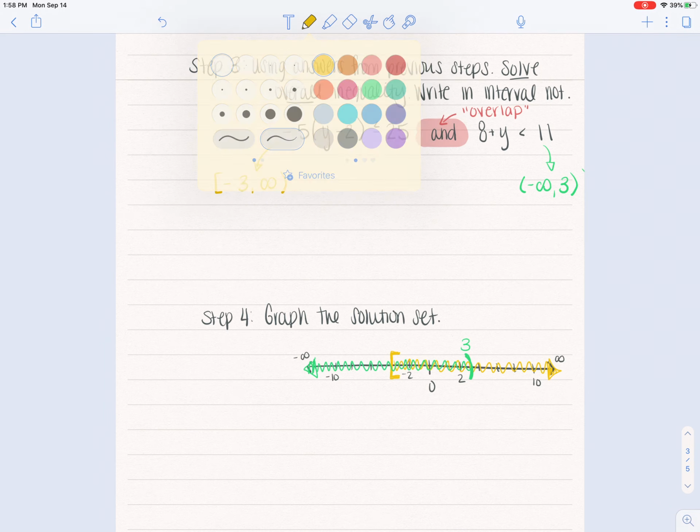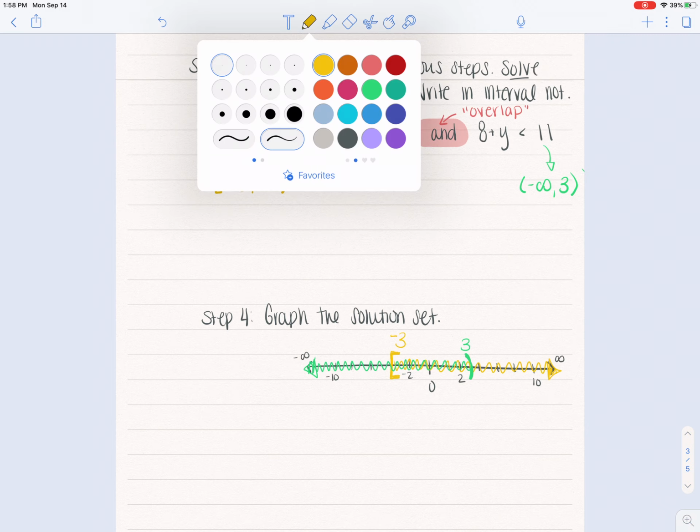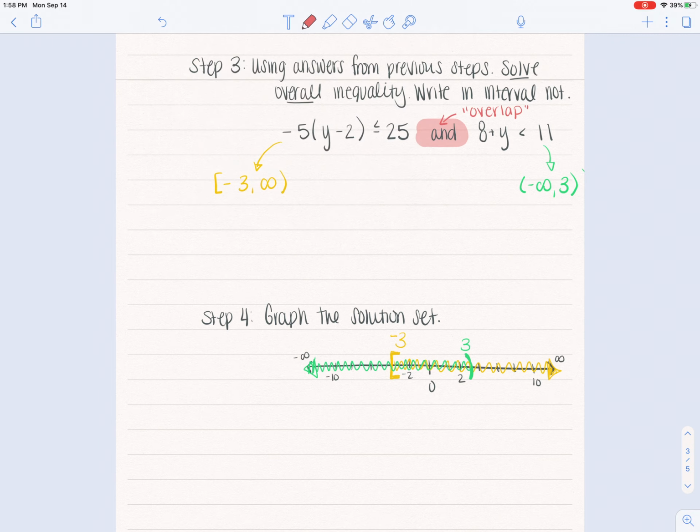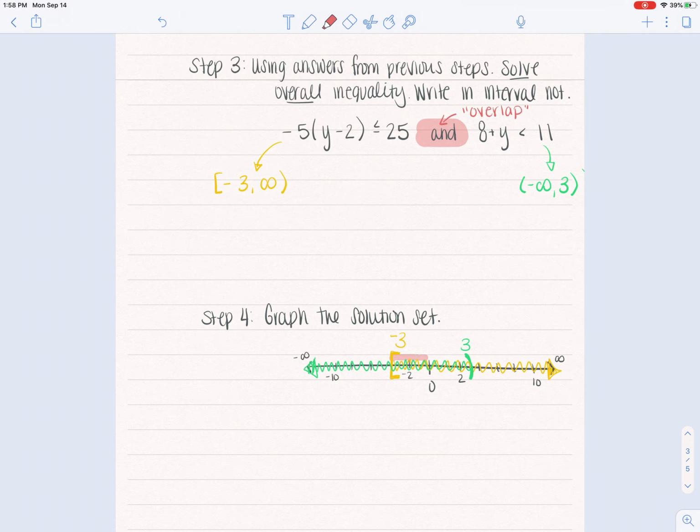Now, I'm looking for and, which is the overlap, and so I'm looking for where are they both? Where do the graphs overlap? And that happens right there. And so my final answer is this piece right here. That is the overlap. That would be the graph that you would put into Hawks.